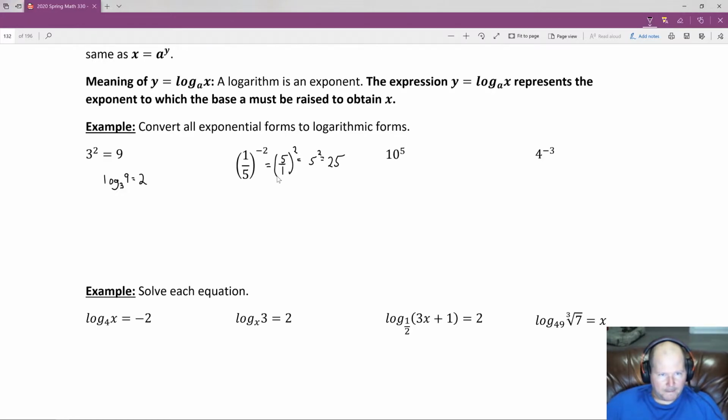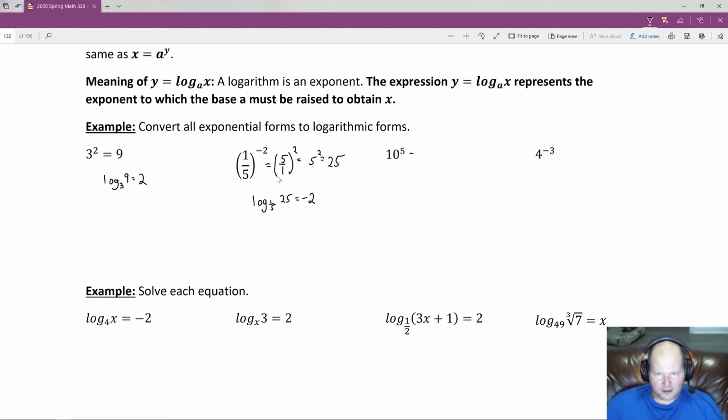Now, if we wanted to write this in logarithmic form, we could say the 1/5 base, and what is it equal to? It's equal to 25. And what does that mean the exponent must have been? The exponent must have been a -2.